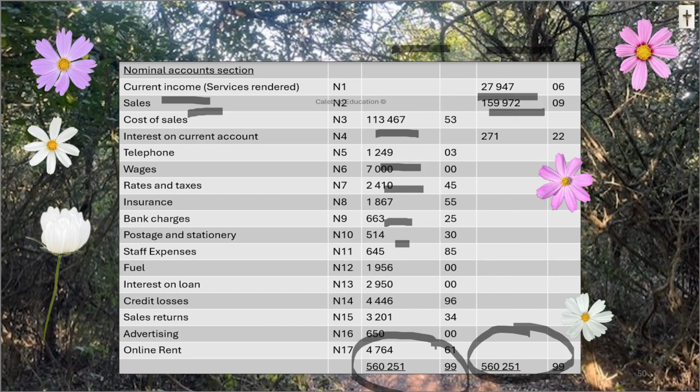But remember, that doesn't mean that this trial balance is accurate. We may have debited incorrect accounts or credited incorrect accounts. We may have left out a transaction completely, but this is a good indication that things are accurate, the trial balance balances.